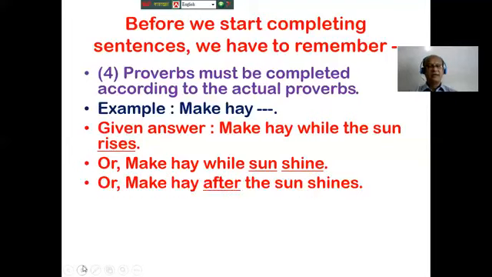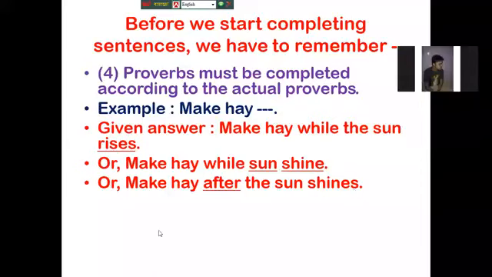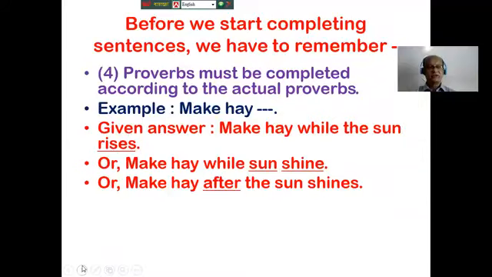Or make hay after the sun shines. All the red answers are your answers, which are sometimes faulty. So the correct answer should be: make hay while the sun shines.